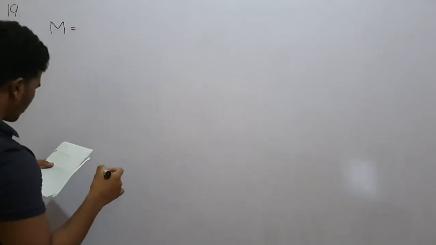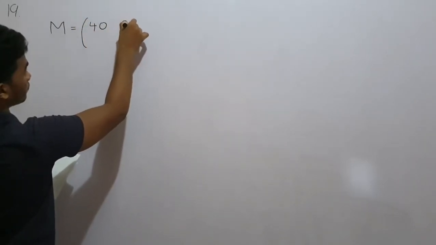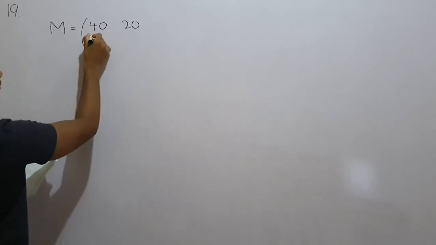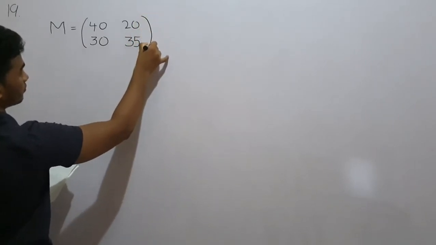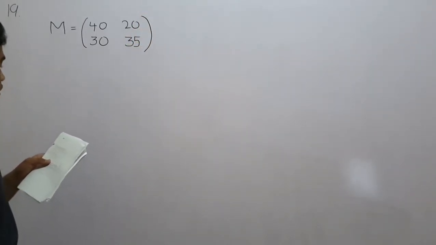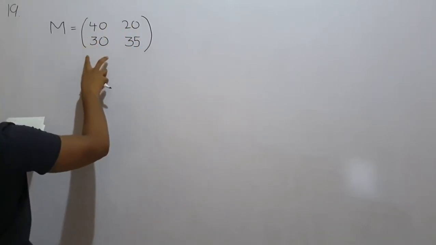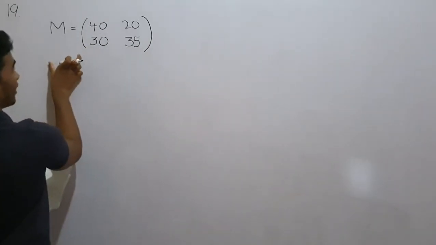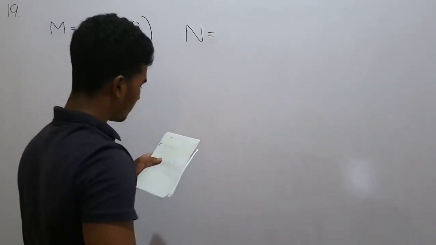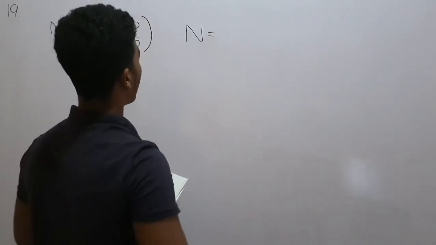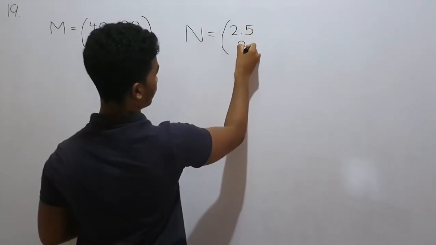equals 40, 20, 30 and 35. So this is the set of values given. So on Monday 40 adults and 20 children, on Tuesday 30 adults and 35 children, and that is matrix M. The matrix N is equal to the prices 2.5 and 2, adult price and the child price.